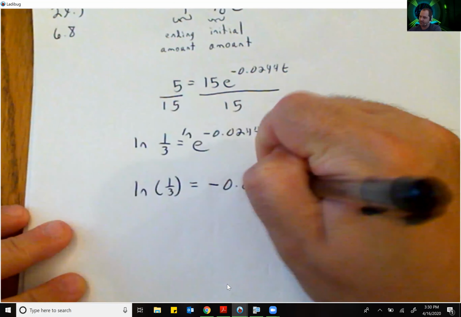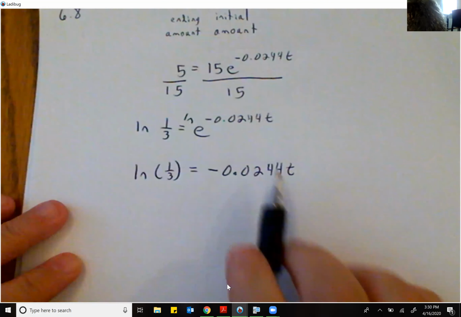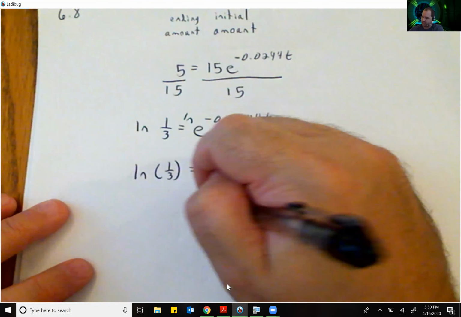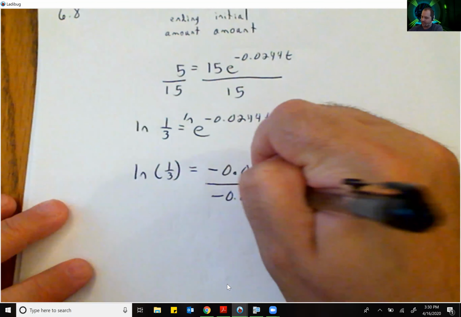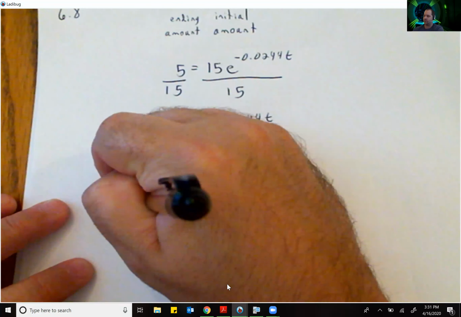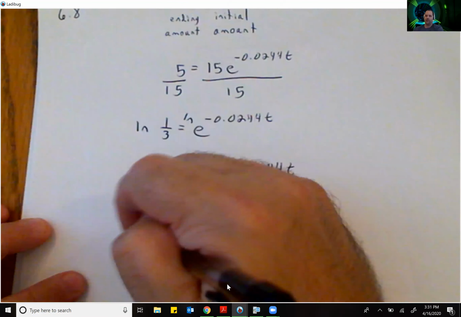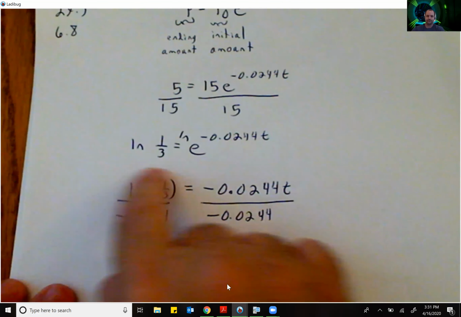Now you divide. There's the last step. Divide by negative 0.0244. So we need to go to our calculator and let it do the division.